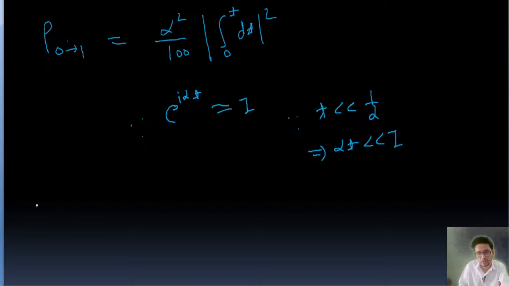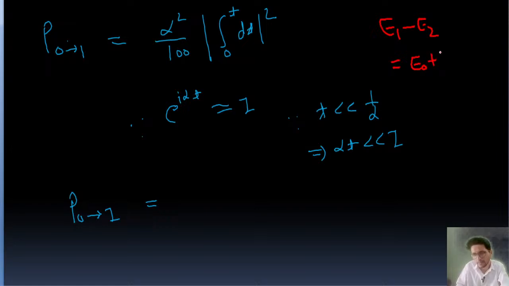Also here you need to understand E1 minus E naught is E naught plus h cut alpha minus E naught, which gets cancelled and gives h cut alpha.